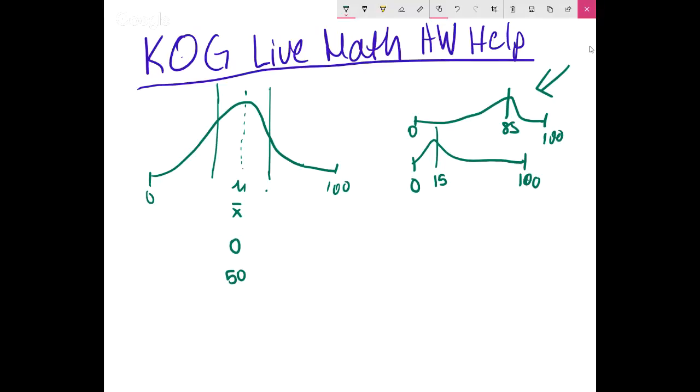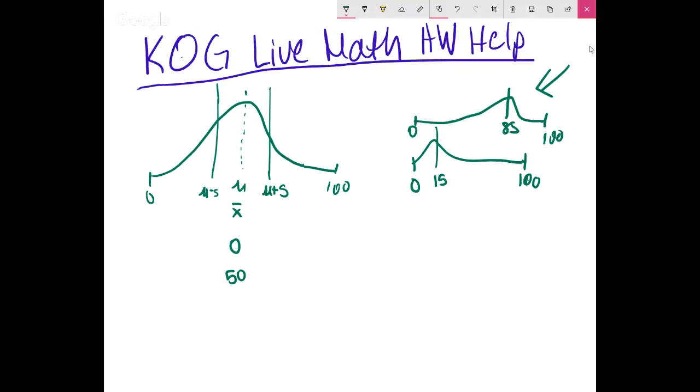So this one would be mu plus s, because it's in front of the mean. So s is the sample, and then if we go behind the mean, it would be mu minus s.